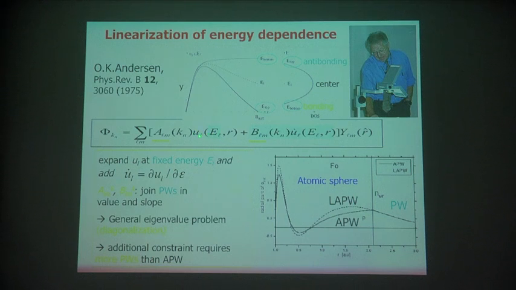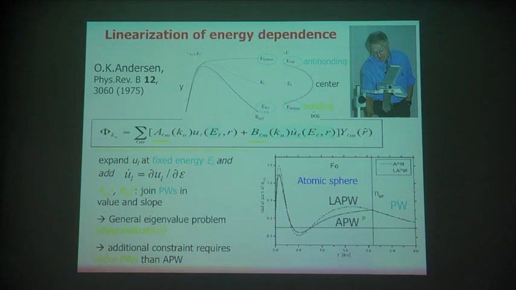Now remember one thing, that this U_L and the U_L dot are the energy derivative, not the derivative with respect to R. This dot means the derivative with respect to energy.